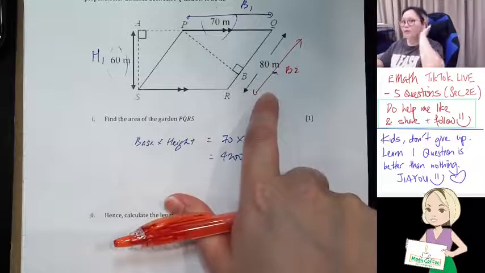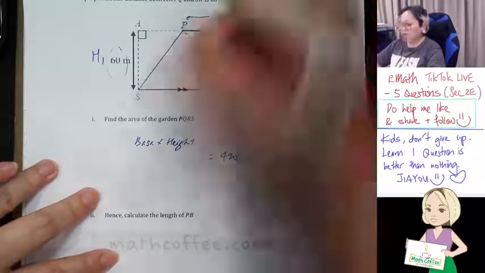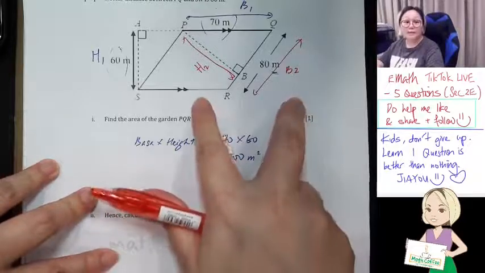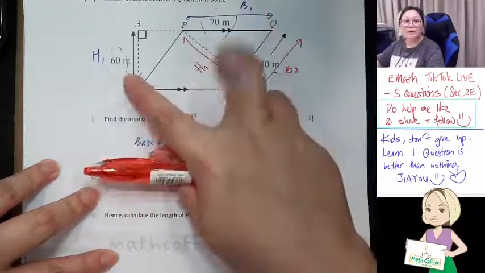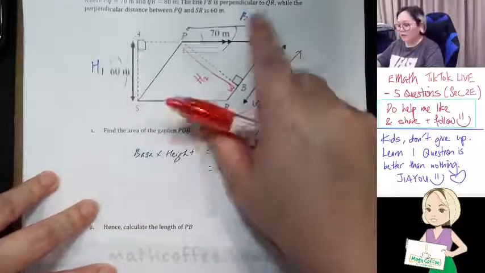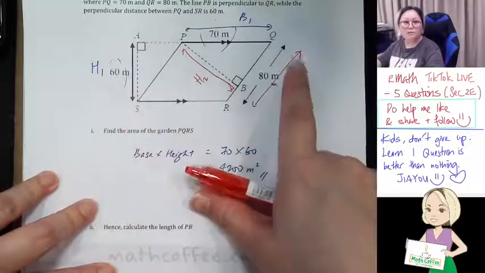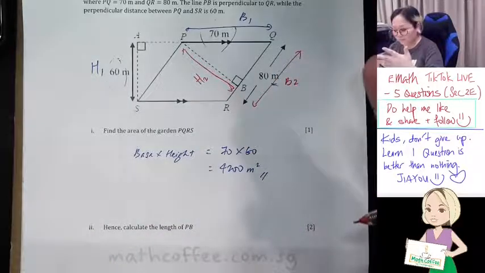So where is the corresponding height? The corresponding height will be this one. This will be my H2. It's like a married couple, you don't marry the wrong person, right? B2 marries H2, B1 marries H1. But B1 times H1 is the same as B2 times H2 because it's the same area of the parallelogram. Understand?